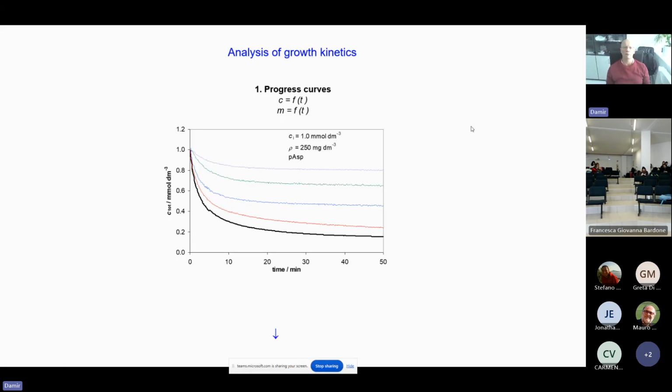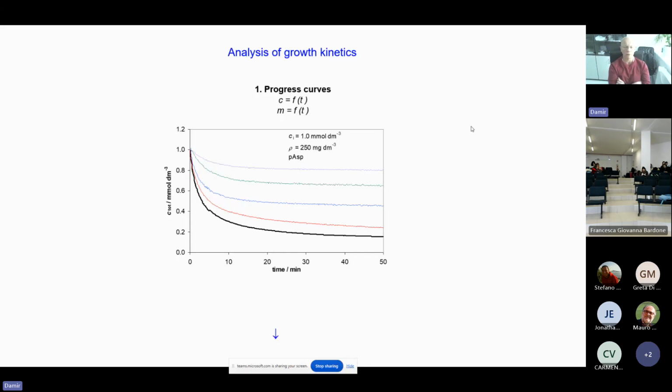In another step of this process, you have analysis of growth kinetic data. From this pH, you can calculate the concentration of the reactant by some processes, or if you use a selective electrode, then you can obtain directly the concentration of a certain ion.